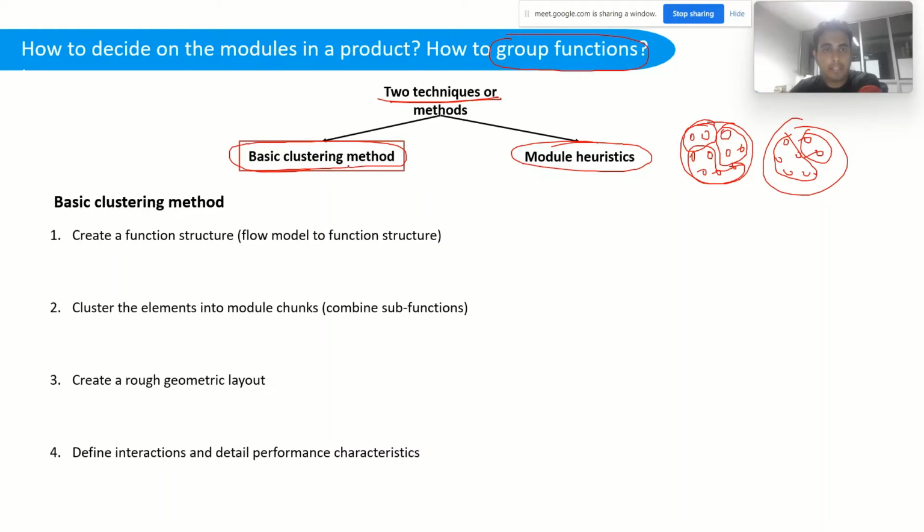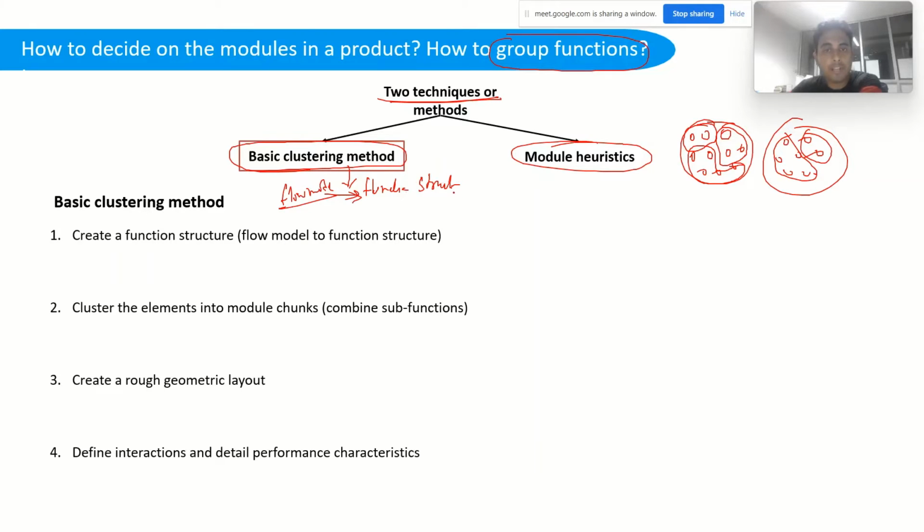The basic clustering method uses a simple approach, like what we experienced in the last two lectures of creating a function structure. We have a flow model, right? From the flow model we create a function structure.